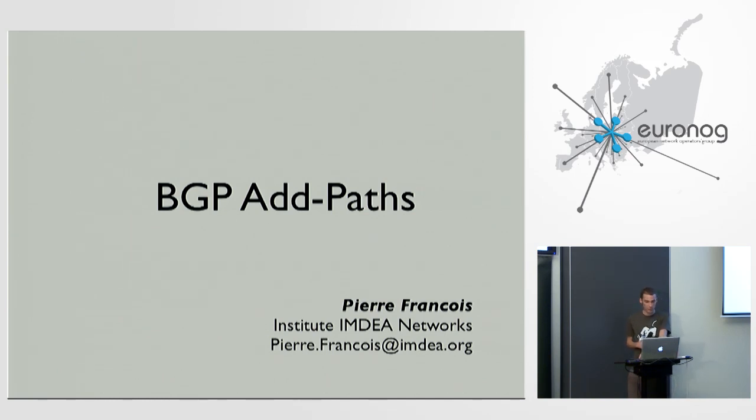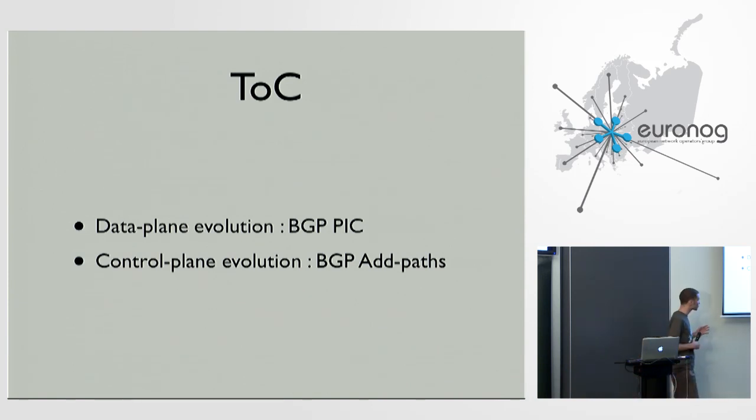So what I will do today is describe an evolution of the data plane in order to accommodate fast convergence upon the loss of reachability of a next hop tracking a BGP path. Okay? This is called BGP PIC, for prefix independent convergence. You will figure out why later.